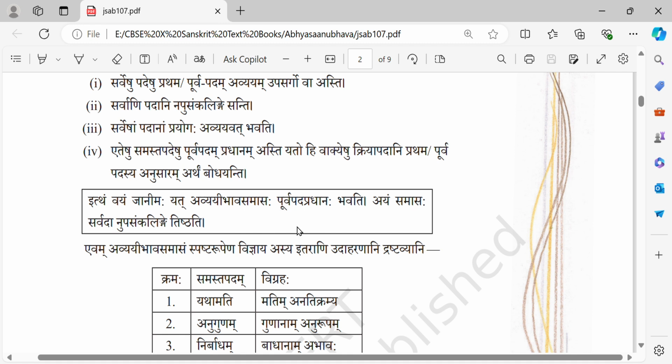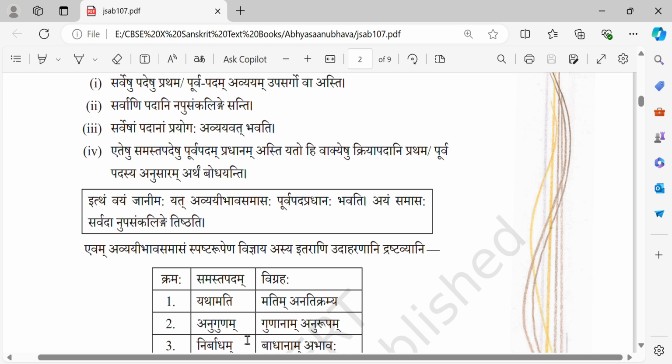So each samasa will have one sutra. Anya padartha pradhanaha bahurvihi. Purva padartha pradhanaha avyayeebhavaha. Like this, uttara padartha pradhanaha tatpurushaha. So every samasa will have one sutra.